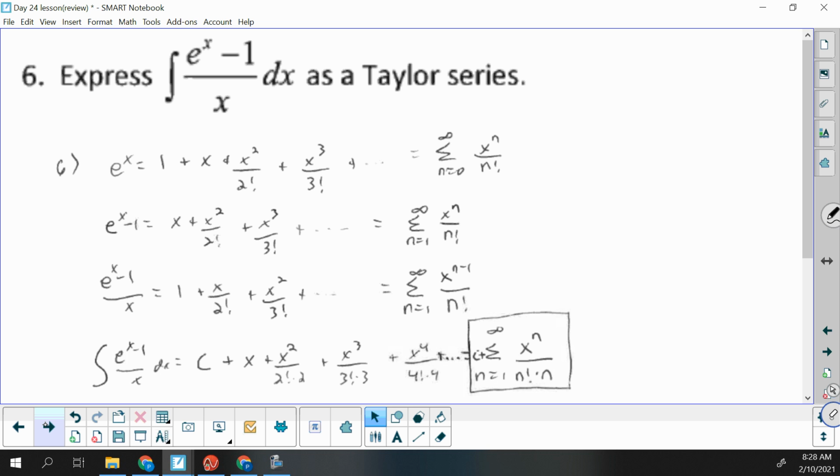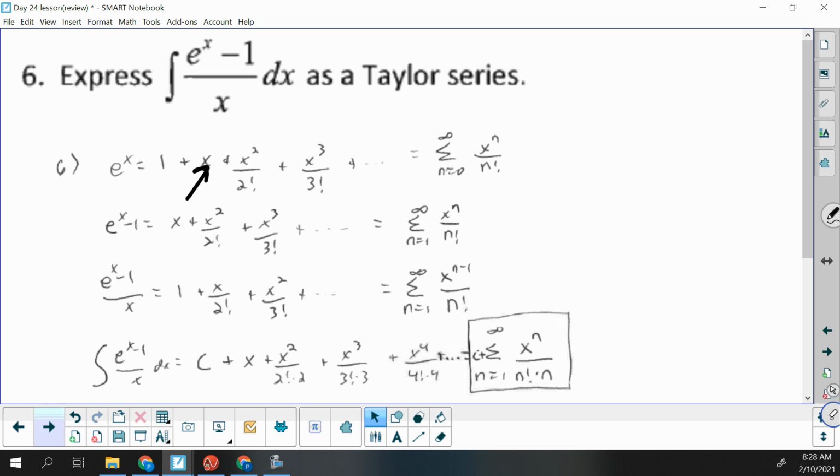So we want to express this as a Taylor series, so our final answer should be some general summation. So start with our basic e to the x, and you've got your general summation over on the right there. We'll now subtract the 1. Well, when you subtract the 1, we're basically starting now, instead of at 0, we're starting here in our series, so just change your bottom number to n equals 1.